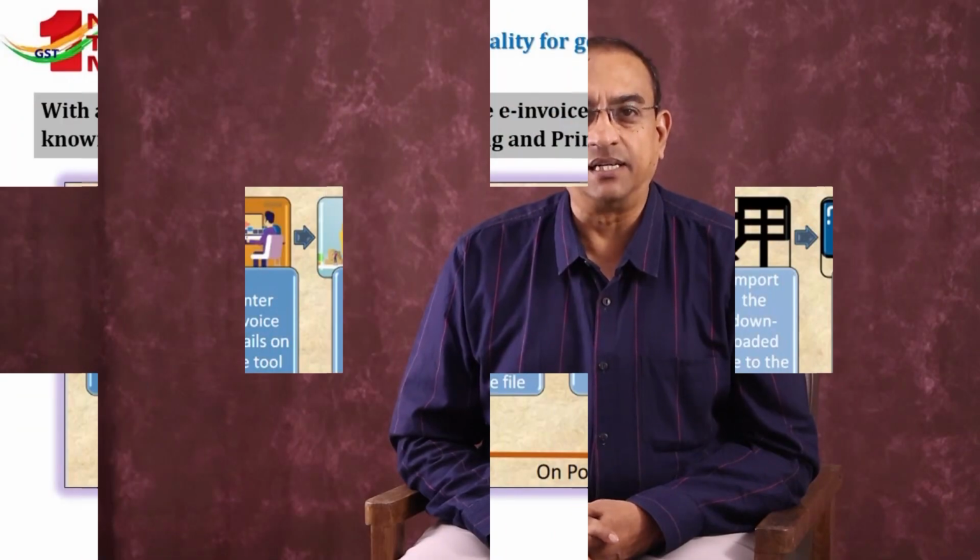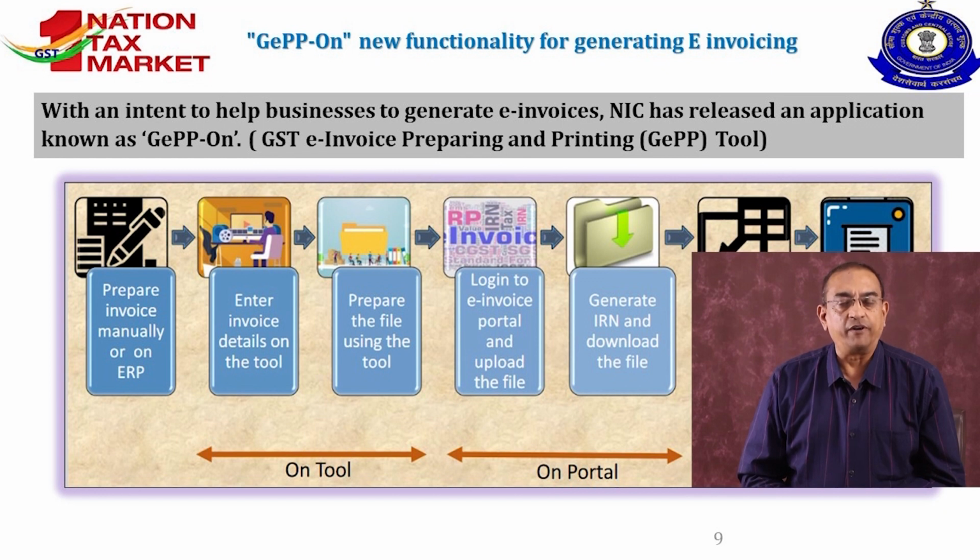Apart from the 5 functionalities that were mentioned earlier, one more new functionality for generating e-invoice has been made available, which is called GST e-invoice preparing and printing tool. This tool facilitates data to be submitted in a compatible file format that the invoice registration portal is able to accept.